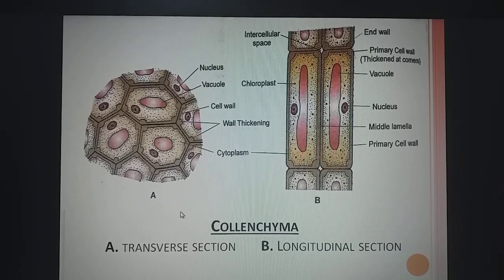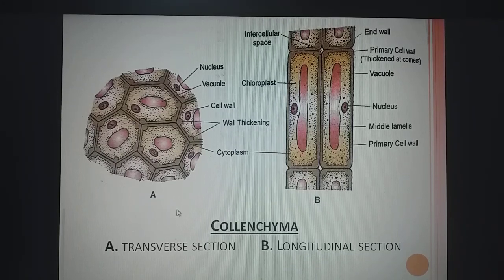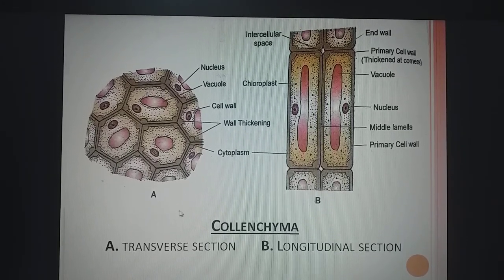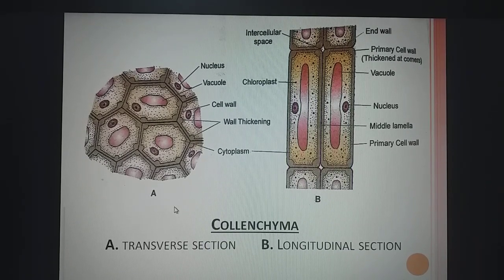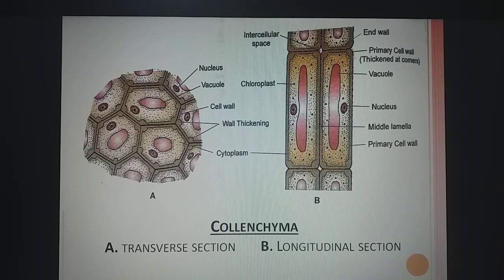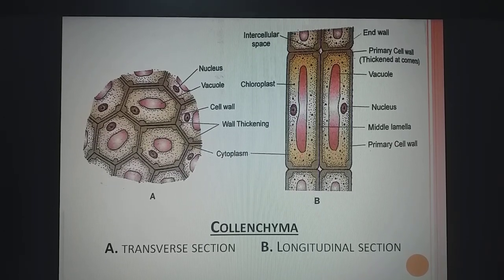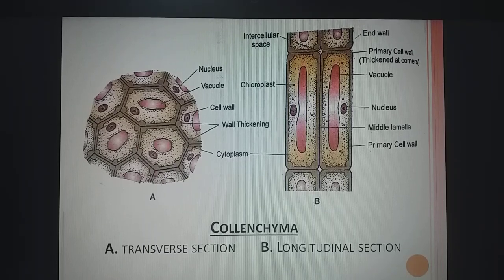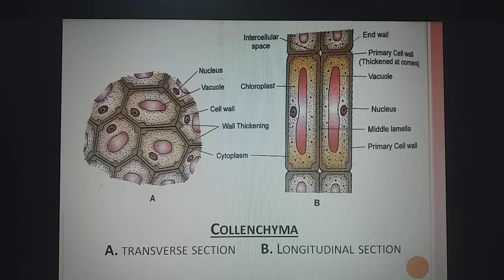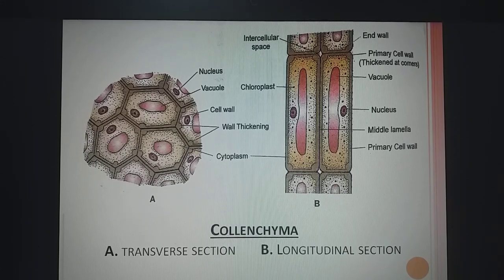Chlorenchyma is the type of parenchyma in which the chlorophyll is present and it helps in photosynthesis. Among this also, you have studied in parenchyma about the aerenchyma. Aerenchyma means those tissues that contain the air spaces in between the cells that help to float the aquatic plant in water. So that is aerenchyma. So don't get confused between the collenchyma and chlorenchyma.